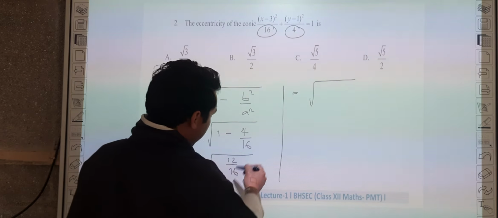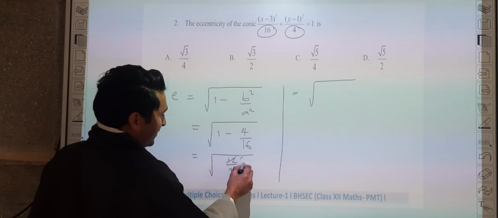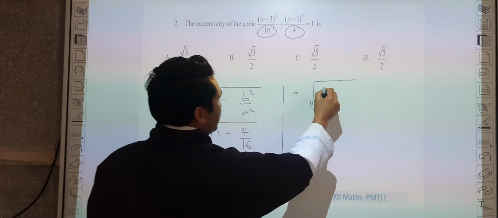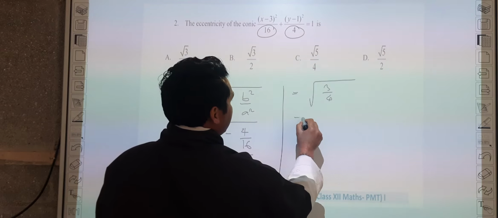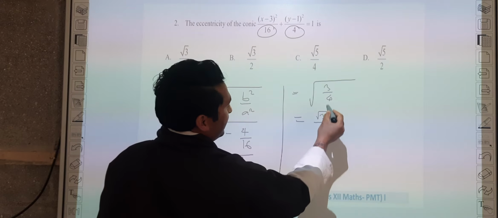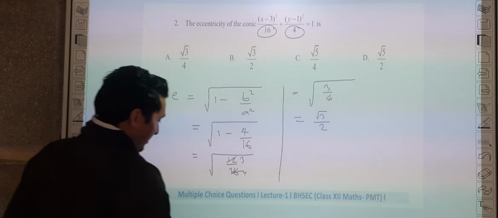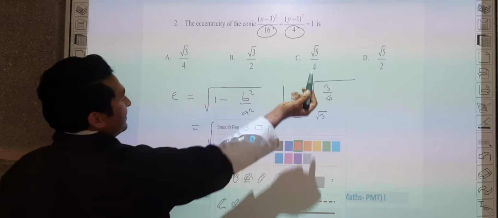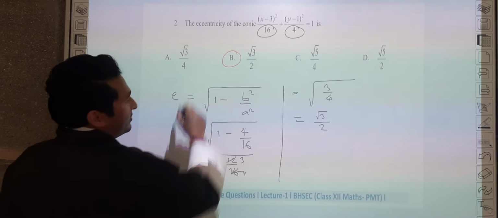Just multiply: 4 times 3 is 12, 4 times 4 is 16, right? So it is 3 by 4, and this is equal to root 3 over square root of 4, which is 2. Our correct option here is root 3 by 2.